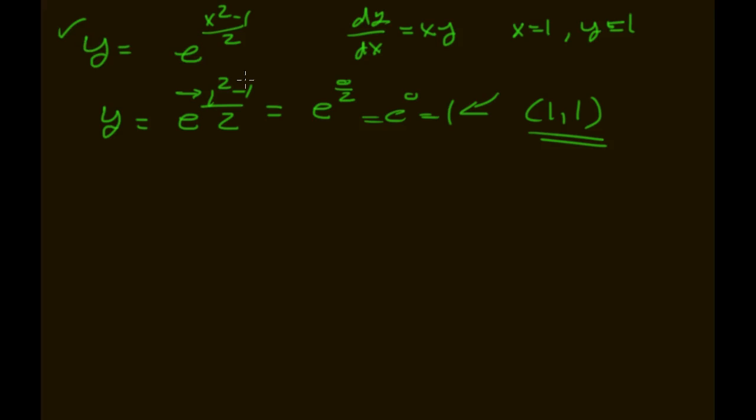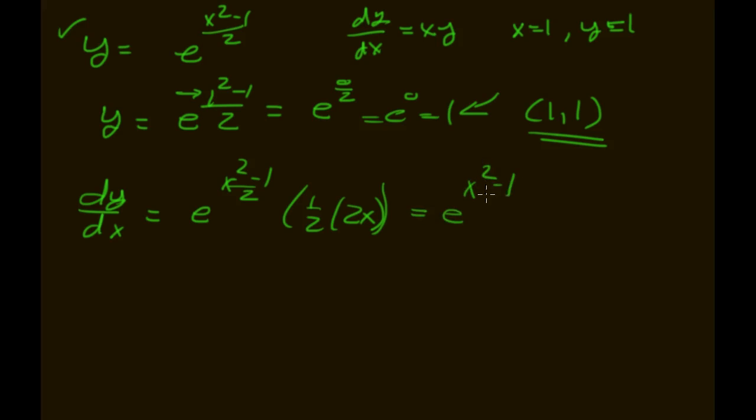Now the question is, does this curve satisfy this derivative? So let's see. If I take dy/dx, this is going to be e to the (x squared minus 1)/2 times the derivative of the inside, which is 1/2 times 2x. So that's just e to the (x squared minus 1)/2 times x.